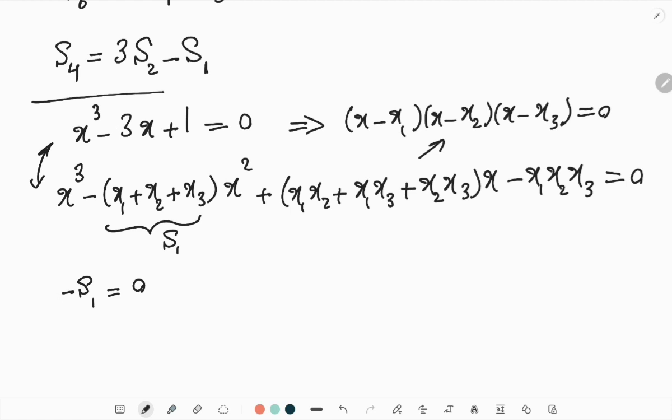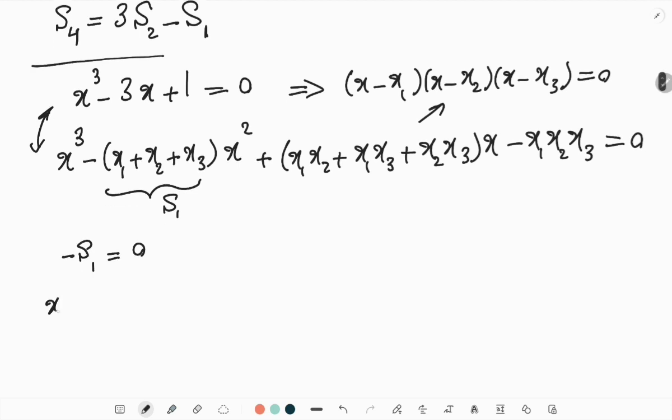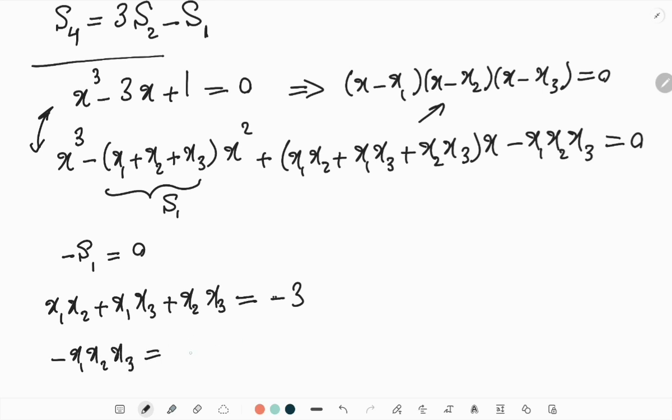Then I have another relationship, x1 x2 plus x1 x3 plus x2 x3, which is equal to the coefficient of x, which is minus 3. And then minus x1 x2 x3 is also equal to 1.